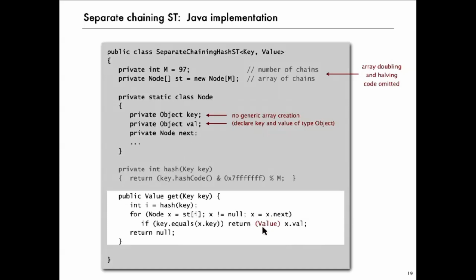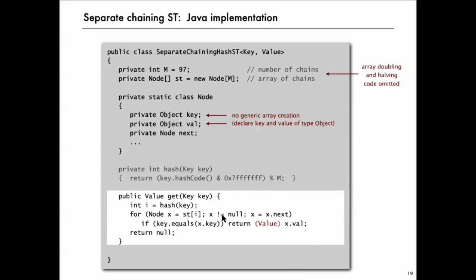This is the get procedure. So to look for a key in the hash table, we compute a hash value, and our hash function is pull out the system hash code, make it positive by ANDing off the sign bit, and then mod with m to get a number between 0 and m minus 1. So we pick that number I, and then we just go to that list, and this is the standard code for traversing a linked list.